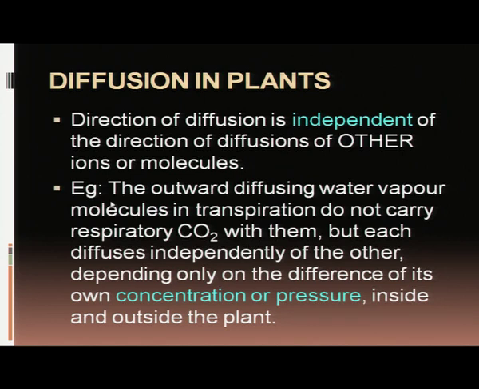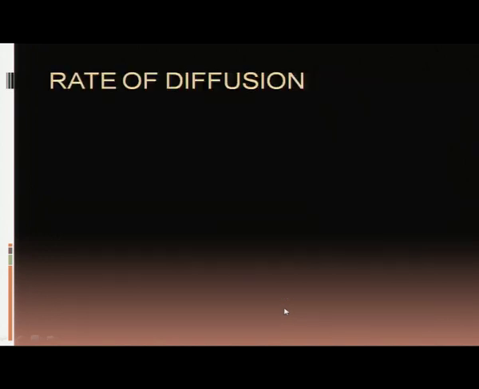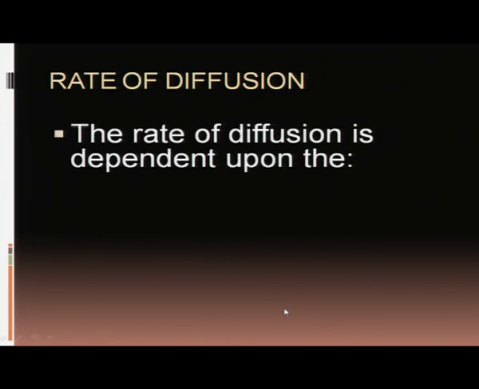For example, the outward diffusing water vapor molecules in transpiration do not carry respiratory carbon dioxide with them. It does not happen that if the water molecules are going out, they will take the carbon dioxide along with themselves. No, each diffuses independently of the other, depending only on the differences of its own concentration or pressure inside and outside the plant.